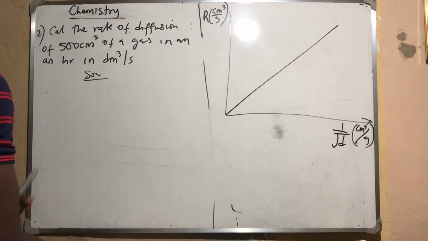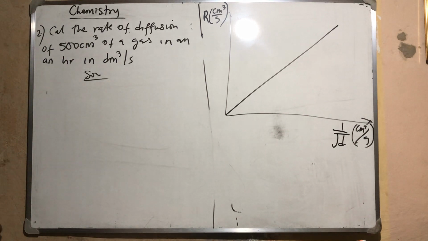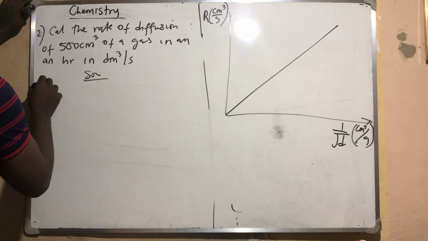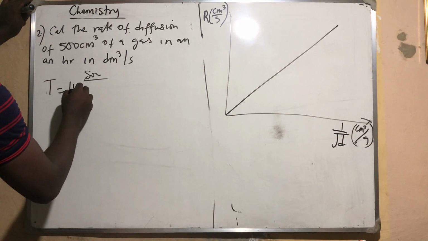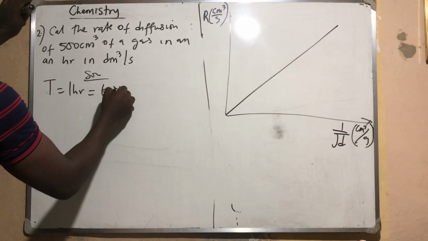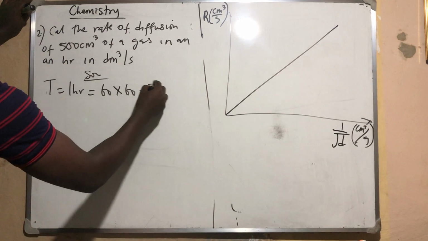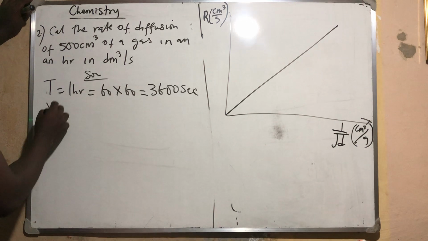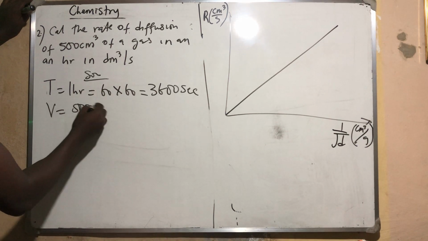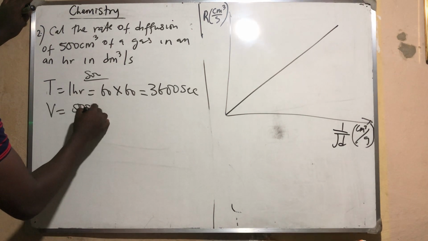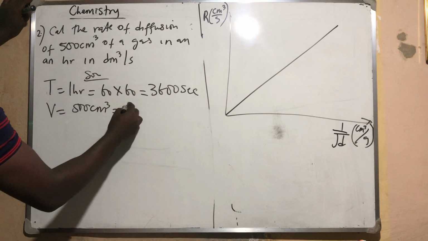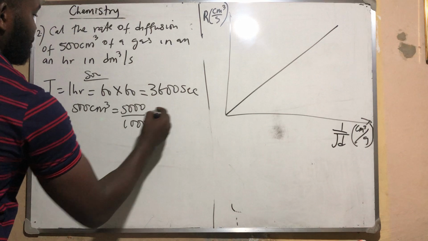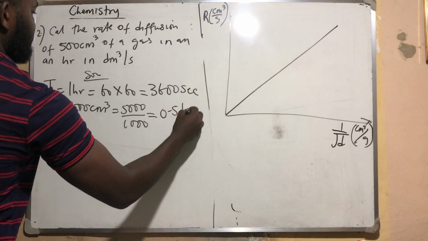They are the ones that told us to calculate this in dm cube per sec. They gave us an hour, so the time is 1 hour, and 1 hour is 60 times 60, which is 3600 seconds. The volume is 500 cm cube, which is 500 divided by 1000 to convert it to dm cube, so I have 0.5 dm cube.